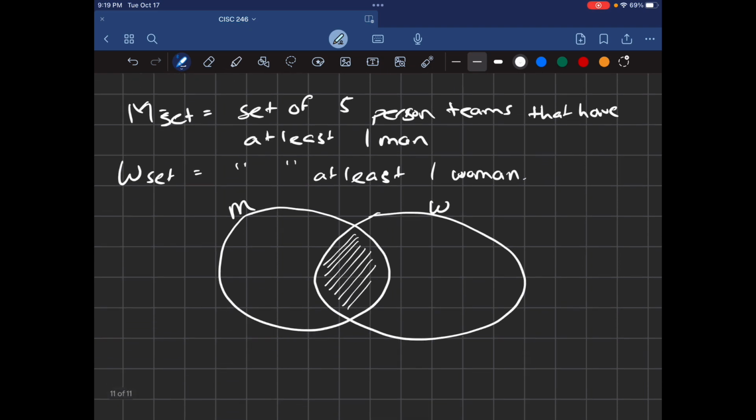What are some things that are in this? This section that I'm going to highlight in blue is only men on the team. So for example, M1, M2, M3, M7, and maybe M8. Maybe that's one team that's in there. And this section here in orange, that's only women.